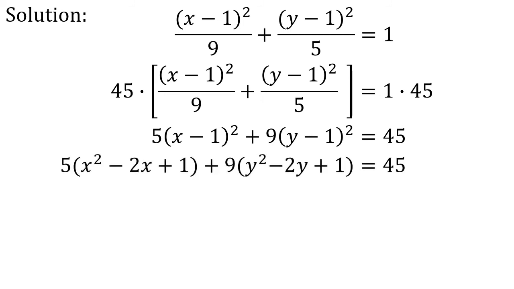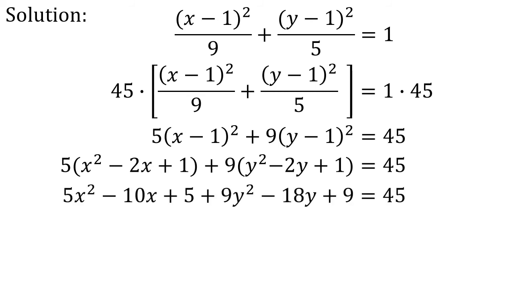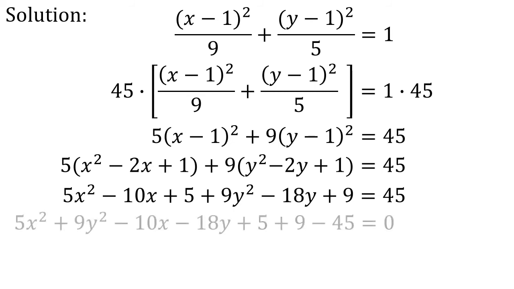So square those binomials inside. Now we're going to have 5 times (x² - 2x + 1) plus 9 times (y² - 2y + 1) equals 45. So just distribute 5 and 9. We're going to get 5x² - 10x + 5 + 9y² - 18y + 9 equals 45.